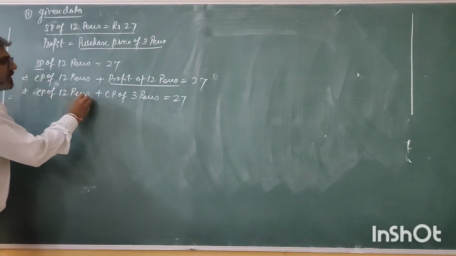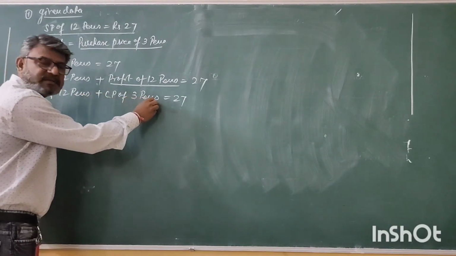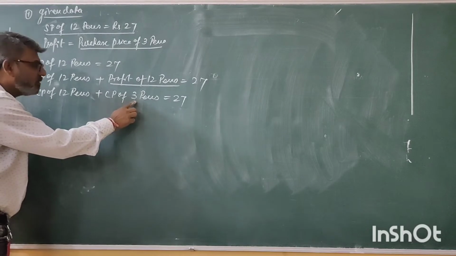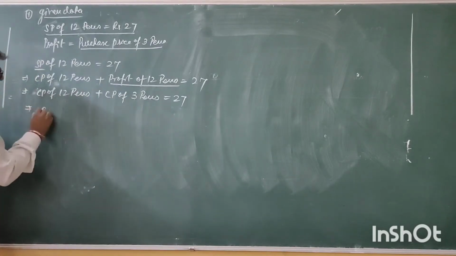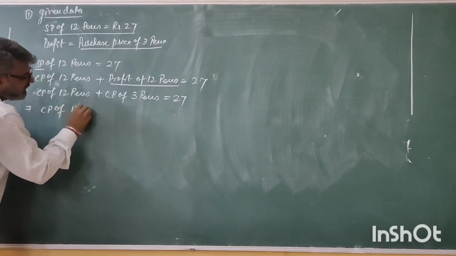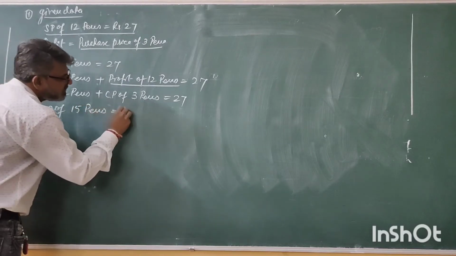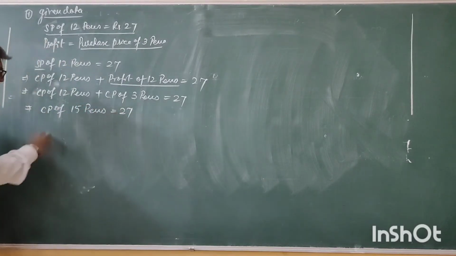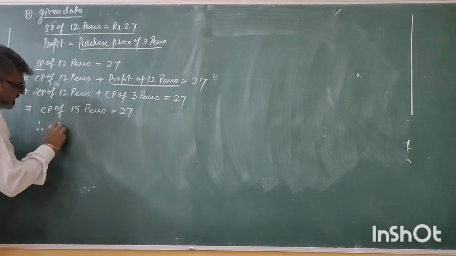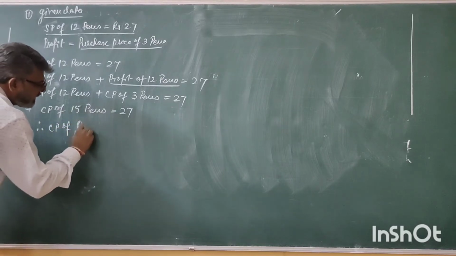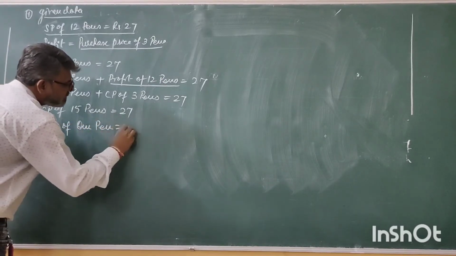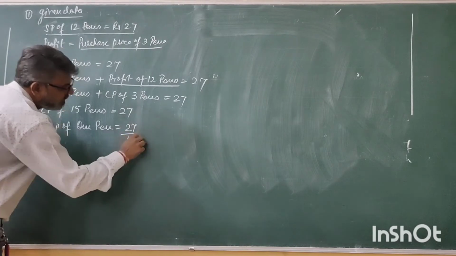Therefore, CP of 12 pens and CP of 3 pens are both the same thing. Now, the sum of these, CP of 15 pens is equal to 27. Therefore, CP of 1 pen is equal to 27 by 15.